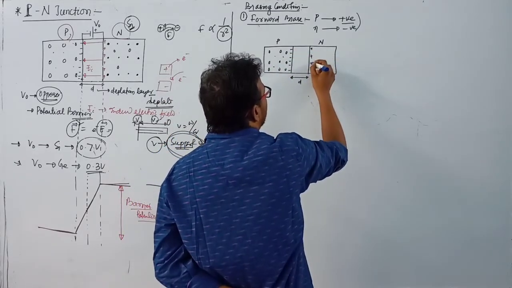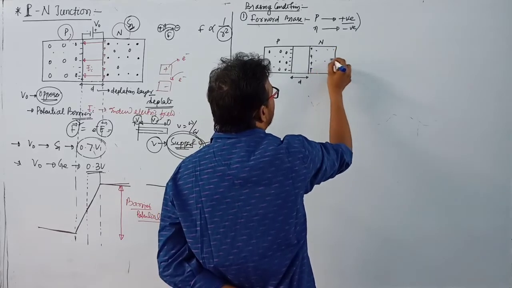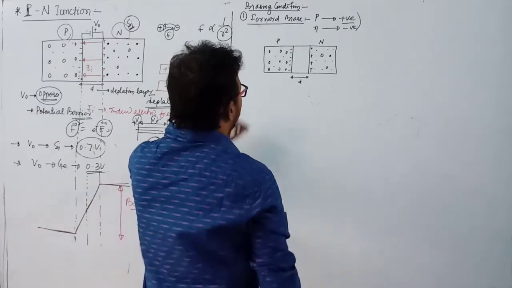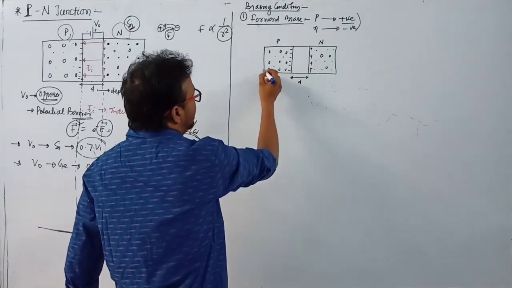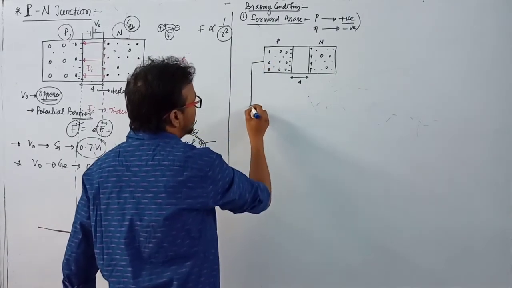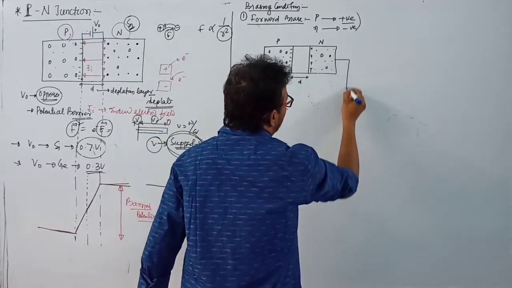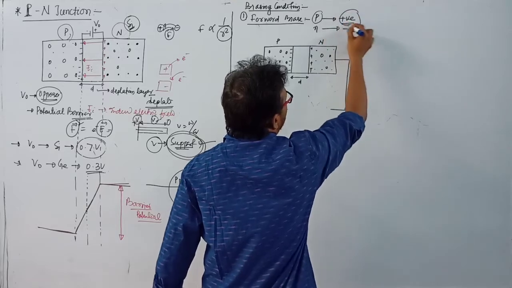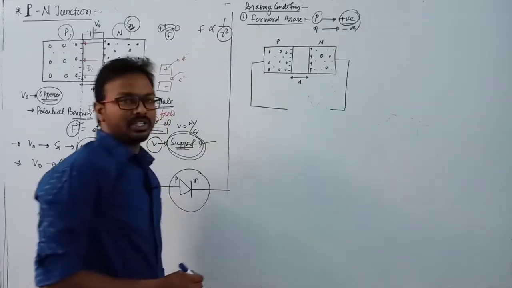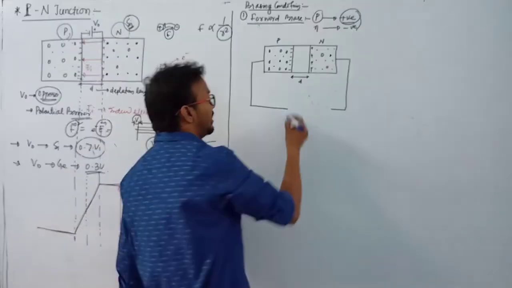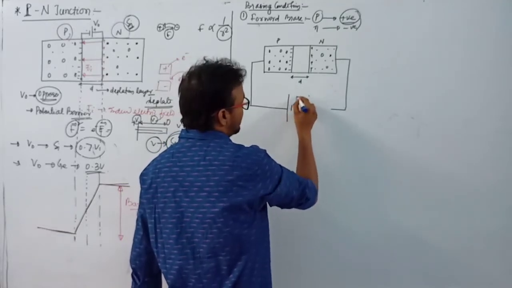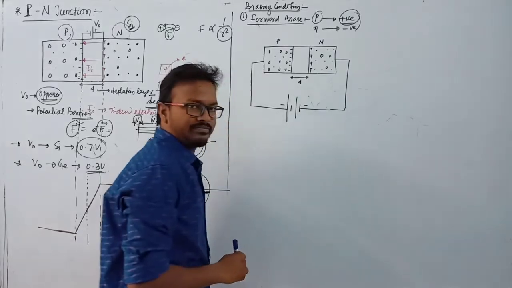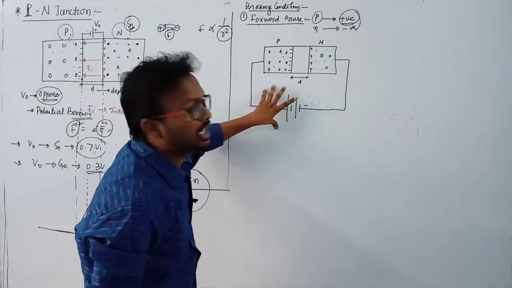But here the minority charge carrier is the electron, and the majority charge carrier is the hole. Now we have to apply an electric field to this semiconductor crystal. Okay. So for the p-type semiconductor, we have to connect it with the positive terminal of the battery. So here this is the positive terminal of the battery and here the negative terminal of the battery. Clear? So this is known as forward bias.